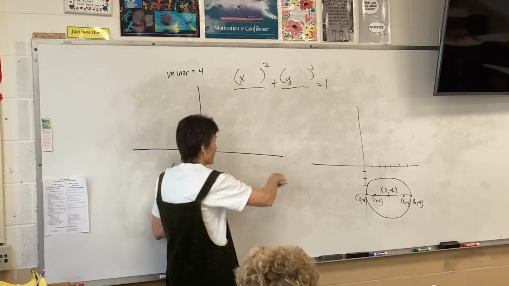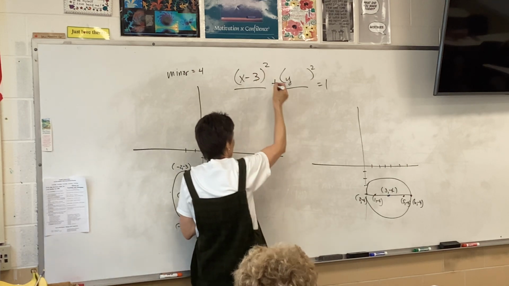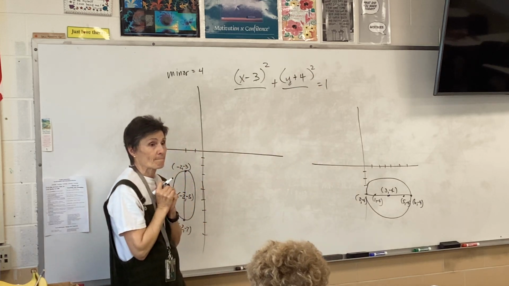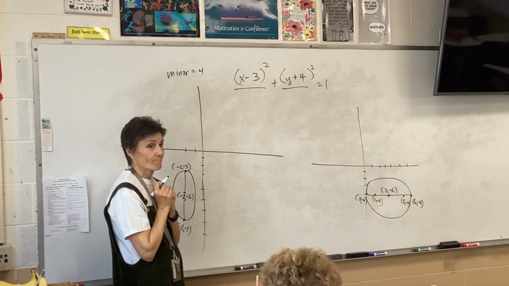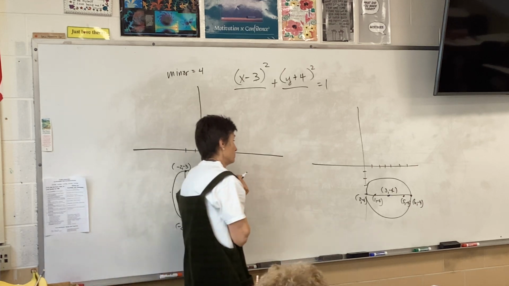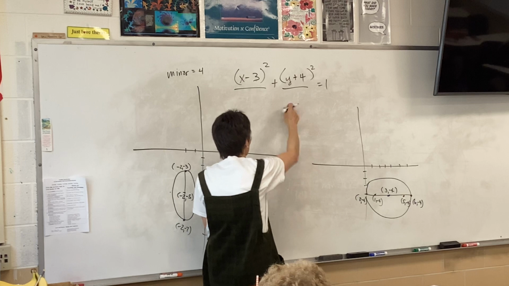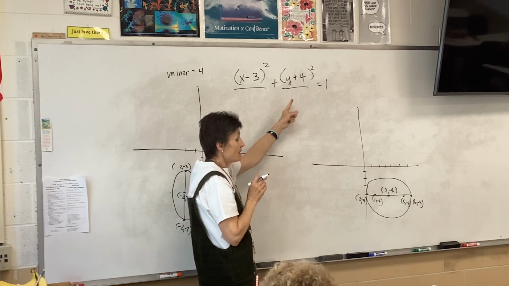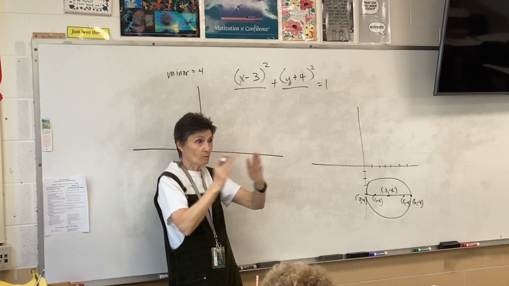Which means my equation is (x minus 3), (y plus 4). Right? Now, I need to know the numbers that go under here. Aren't these the numbers that tell me how far to go?